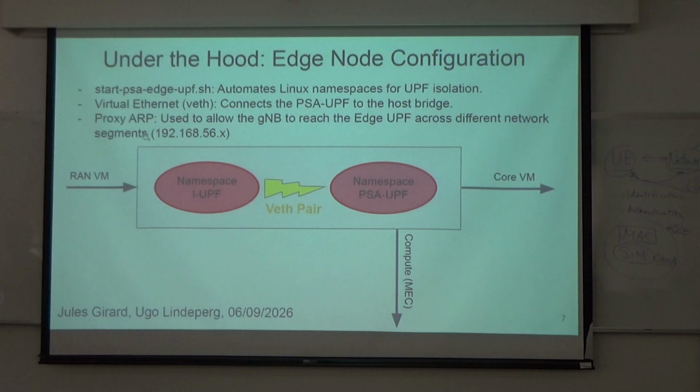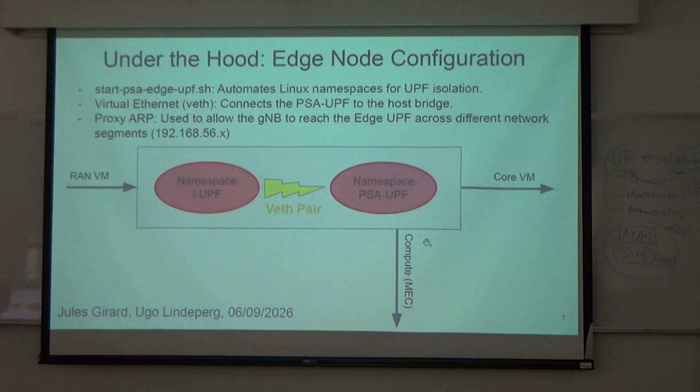So how we implement the architecture? We need several UPFs. The first one is the I-UPF. It's the entry point, and we have 2 other UPFs: one to go to the compute VM and one to go to the internet.